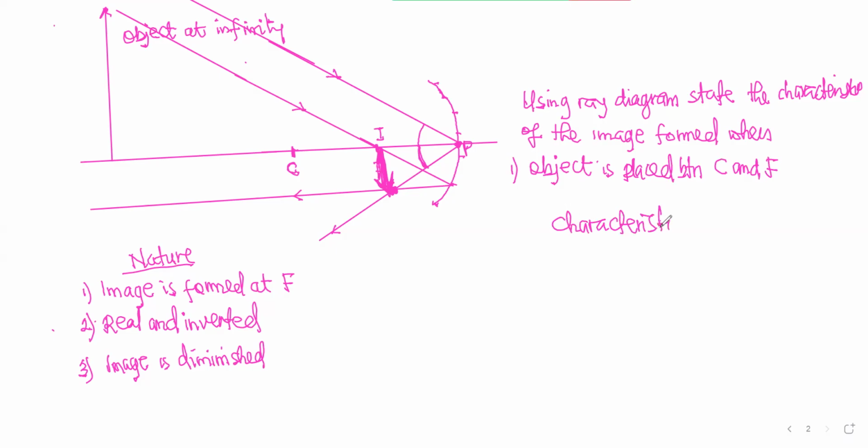Meaning you extract the nature of the image from the ray diagram, just as I've done. Object must be between C and F. Start work. Six minutes, after which we'll discuss.